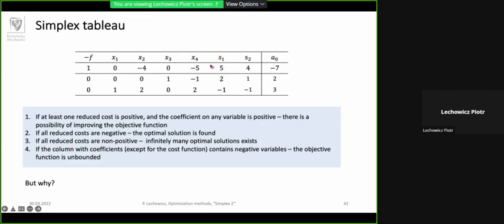If all reduced costs are negative, we know that we found an optimal solution.